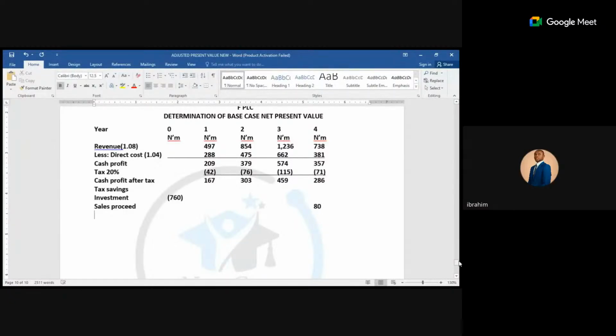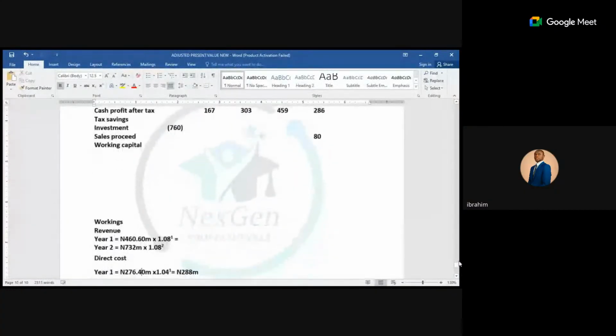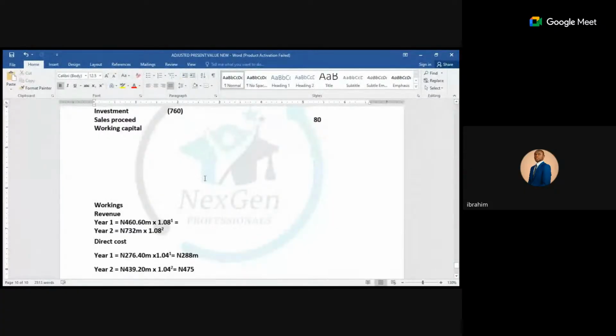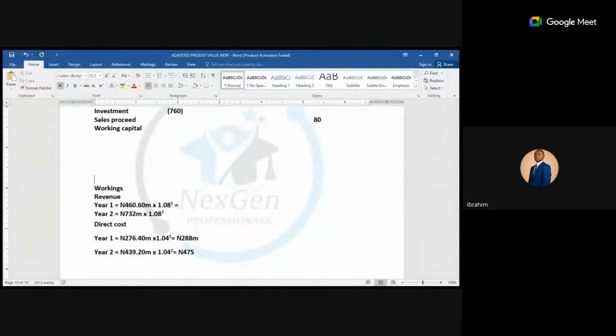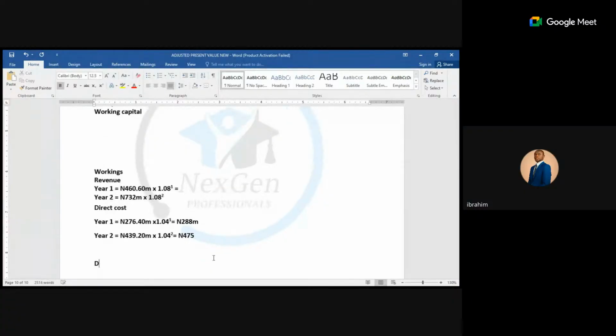We need to work our working capital. So we need to do our workings. Determination of tax saved. Class, are we still together?